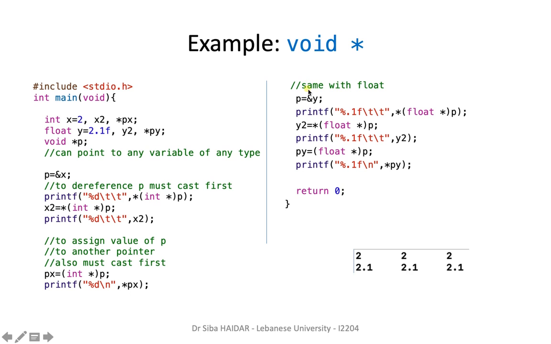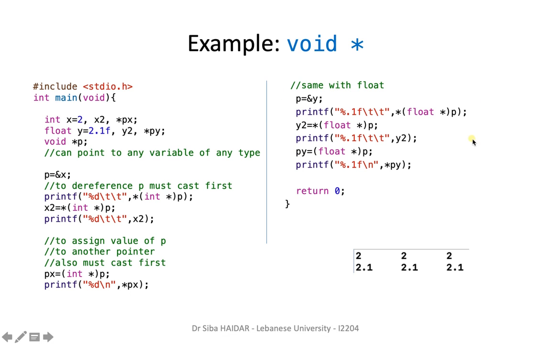We can do the same thing in the same program, make p point now to another variable of different type. So in the same program, we can continue and say p now points to y, where y is a float. And I can repeat the same thing. I can copy from this pointer's value to another pointer's value.